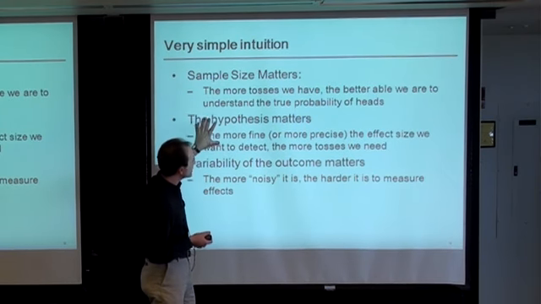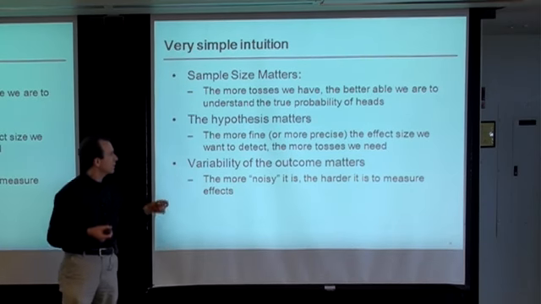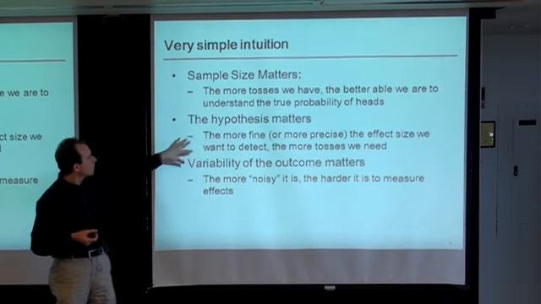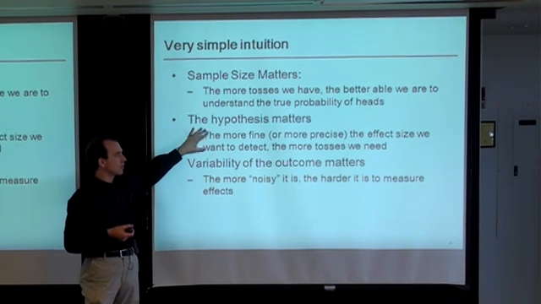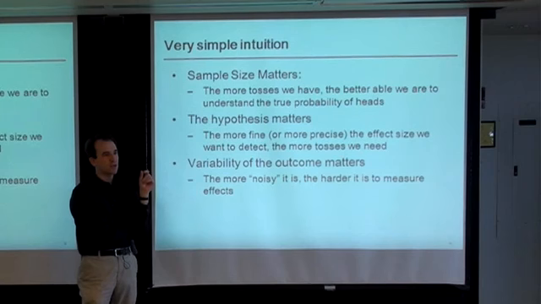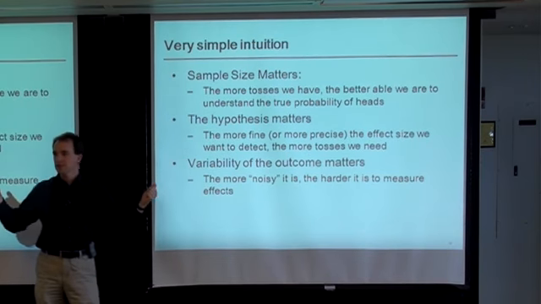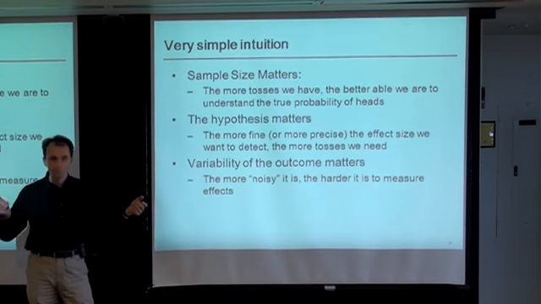The hypothesis you're testing matters, right? Because the smaller an effect size we're trying to detect, the more tosses we need. In the gambler example, if you're trying to detect a really small difference, you need a ton of data. Whereas if you're trying to detect really extreme differences, you can do it with less data.